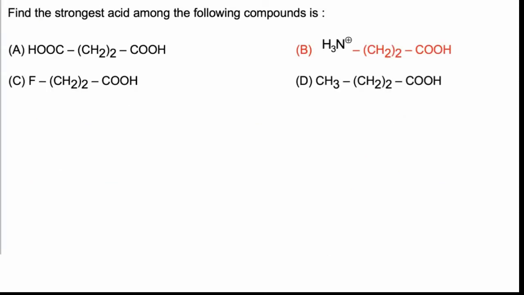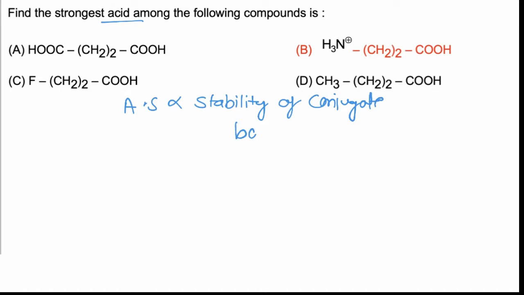In this question, we have to find the correct order of acidic strength. Now, acidic strength depends on the stability of the conjugate base. With increasing stability of the conjugate base, acidic strength increases. Now, the conjugate base is an anion, and an anion is stabilized by a minus I electron withdrawing group and destabilized by plus I effect.